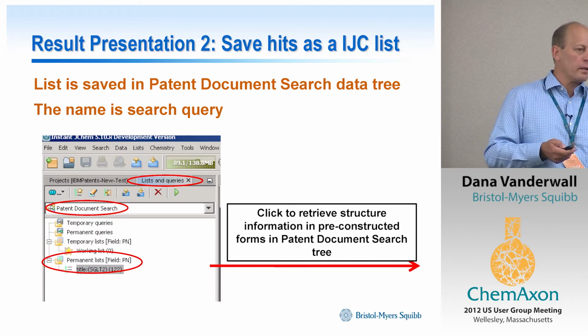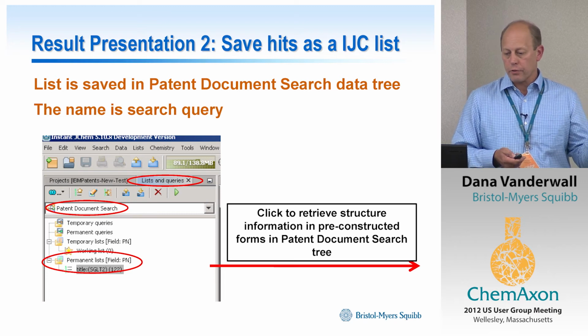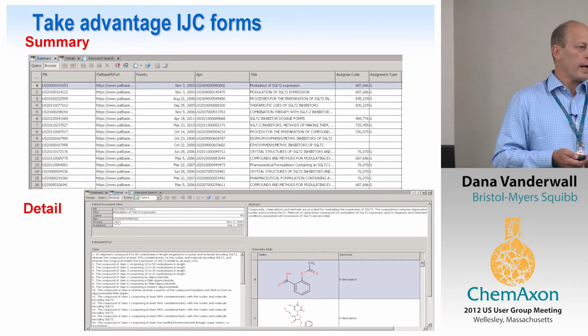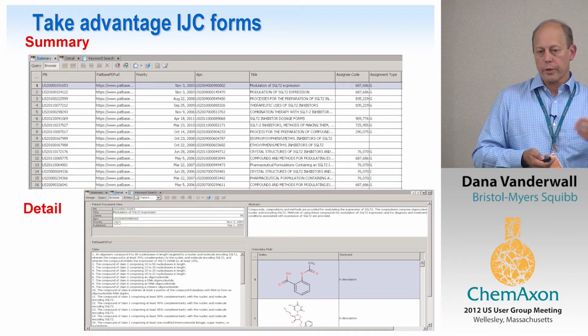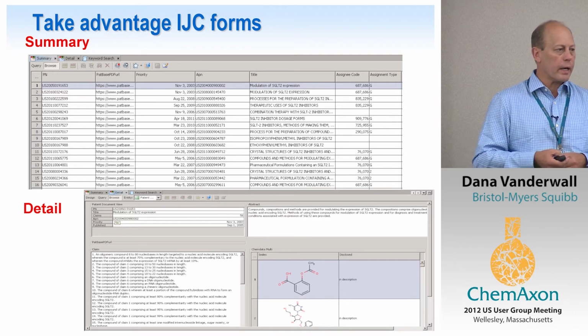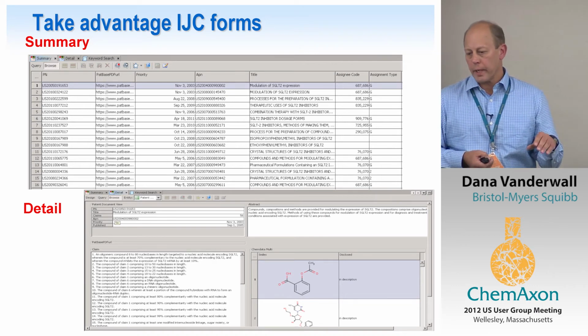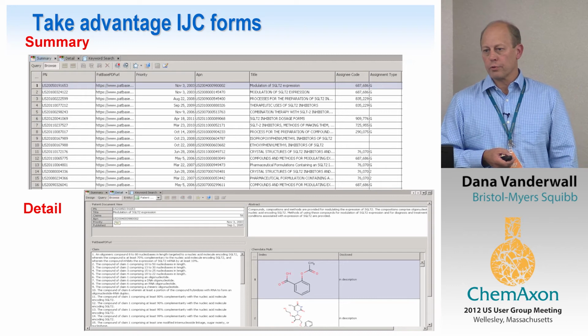That goes back into the IJC application from the script, so now you just click on that list and you're back in the typical forms environment, where you can look at the summary level, look across those fields, or start drilling down into detail on each of the patents, look at more of the detailed information, and look at all the chemical structures.